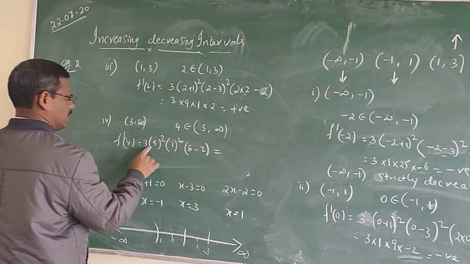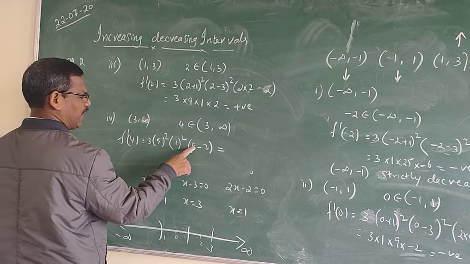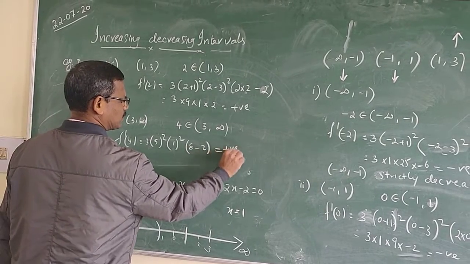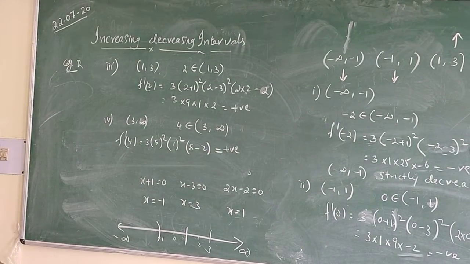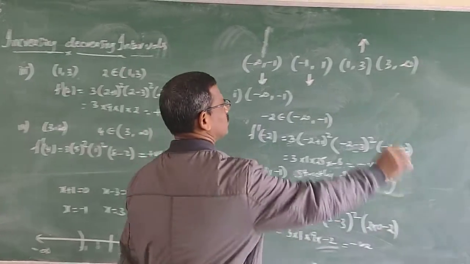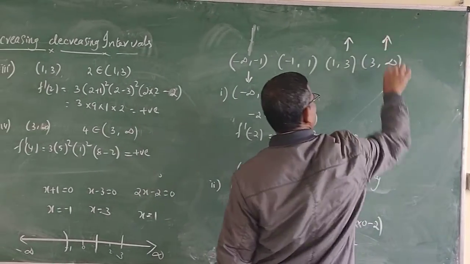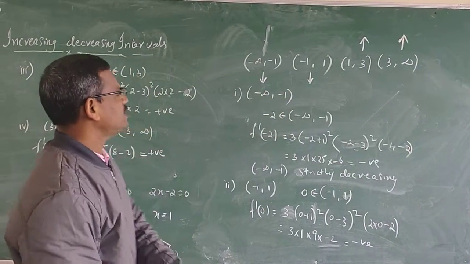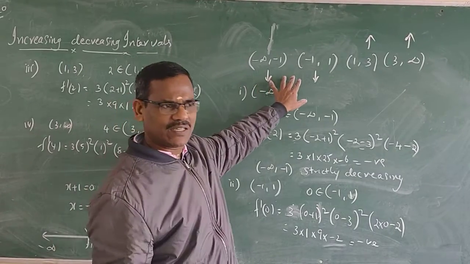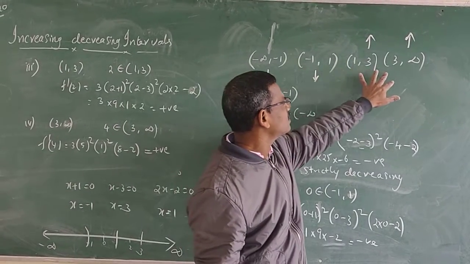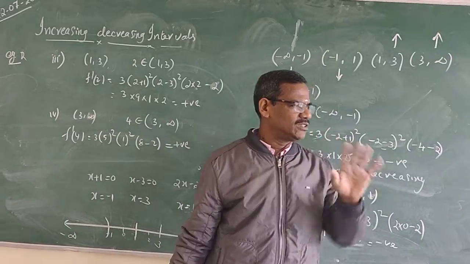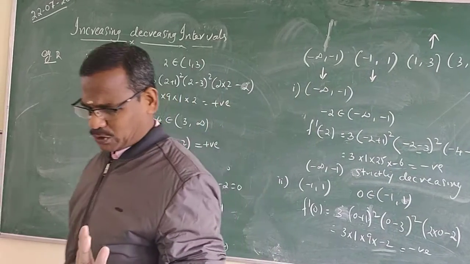It is positive, positive and positive, so it is also positive. So f' is positive in the last interval, so this is increasing. Finally the concluding answer is these two intervals are decreasing and these two intervals are increasing. That is all. So it is a very easy portion.